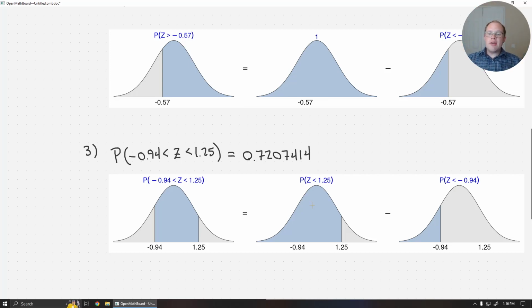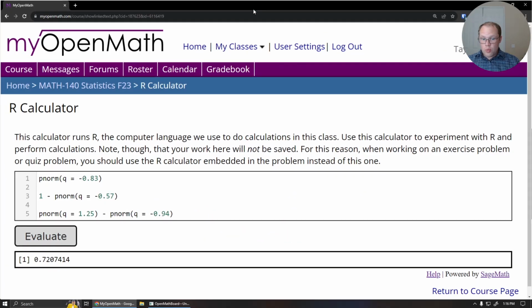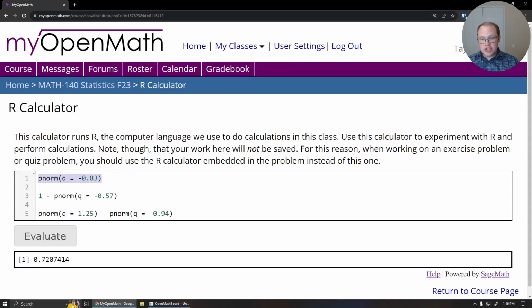So we've learned how to calculate probability in 3 different circumstances. We've learned how to calculate the probability when it's just left of a value. This gives us the probability of a normal distribution left of this value. This is what we need to do to calculate the probability in a standard normal distribution to the right of a value.